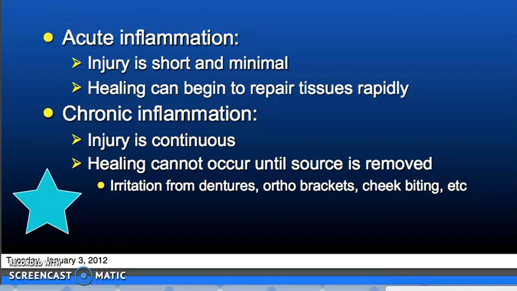As I was saying, the denture would have to be removed in order to take the source away for the healing to take place. People that bite their cheeks, they need to not do that, because that is a chronic inflammation, a chronic irritation. So that could be something that, in order for the cheek to heal, the tissue to heal, they would need to discontinue that habit.